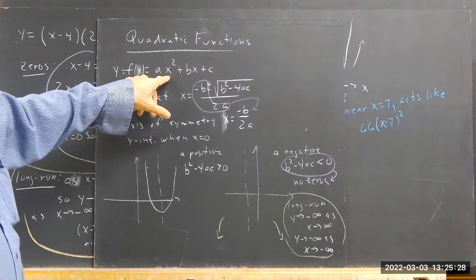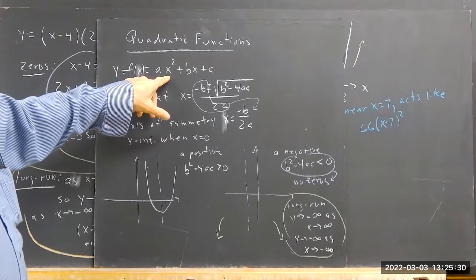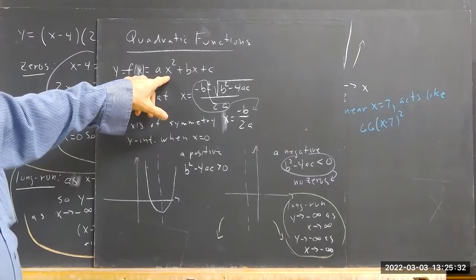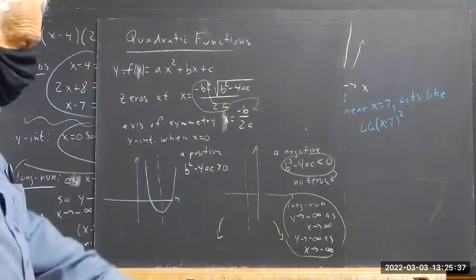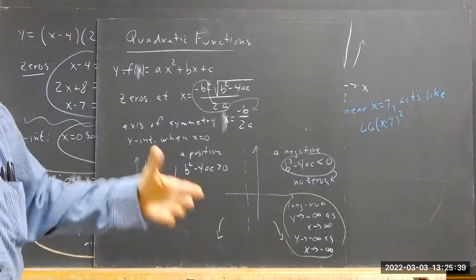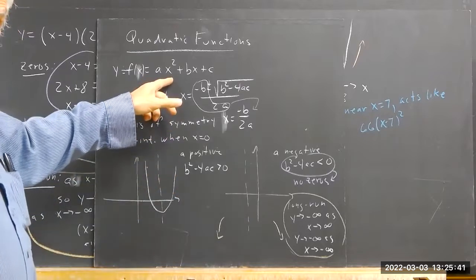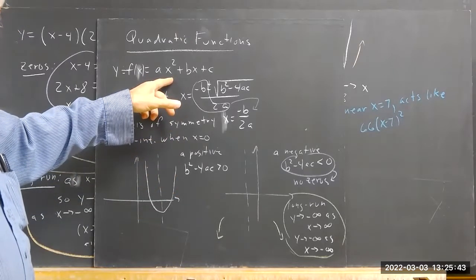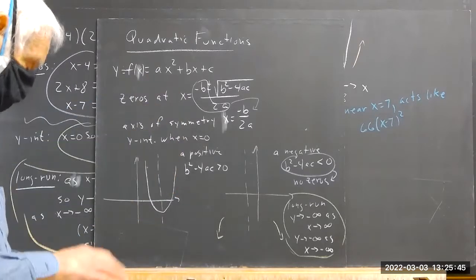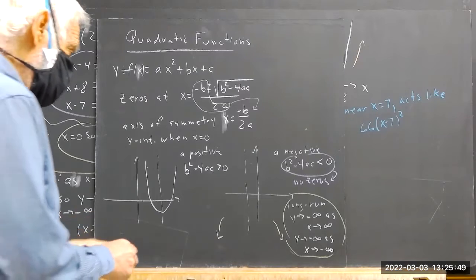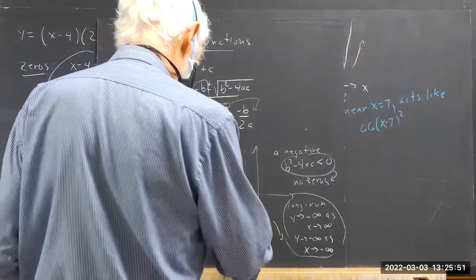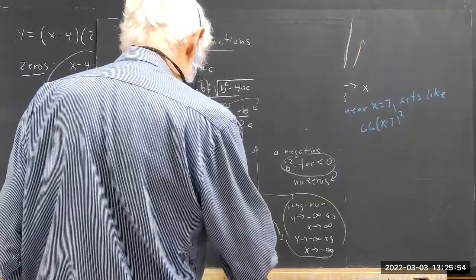No matter whether x is a big positive or negative number, when you square a number, you get a positive. That means this thing's going to go down. Y is going to have to be negative when x is really big, which means that a is going to be negative. So the graph has to reflect this.